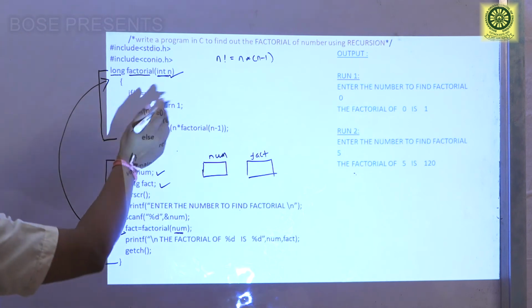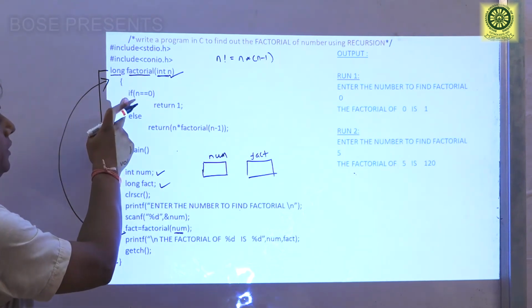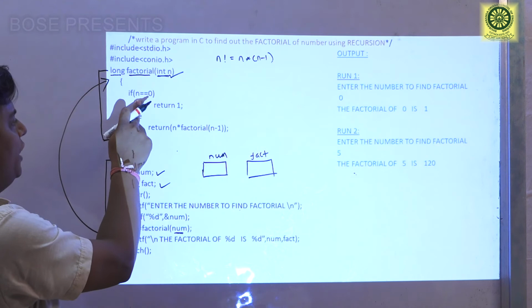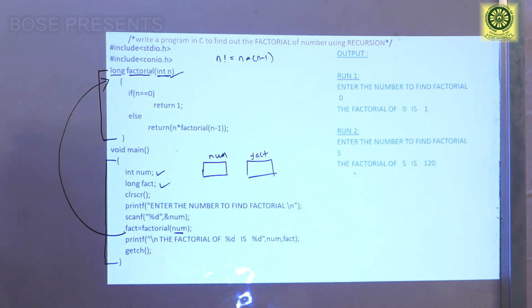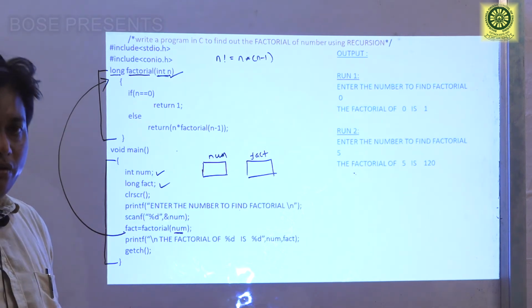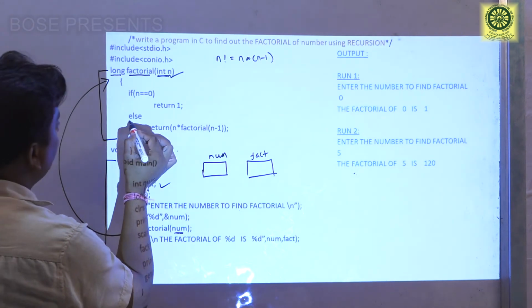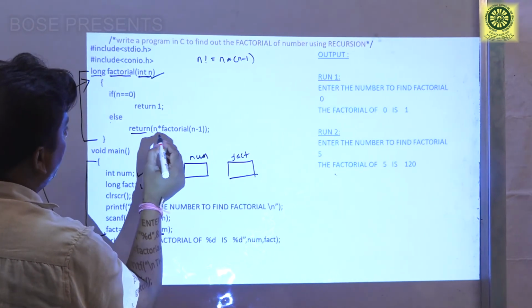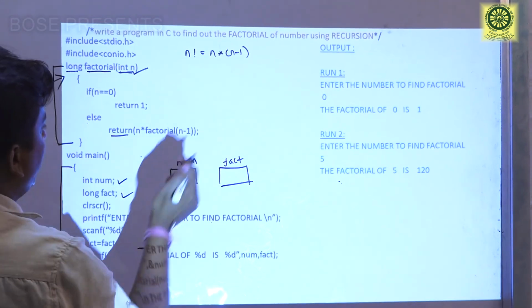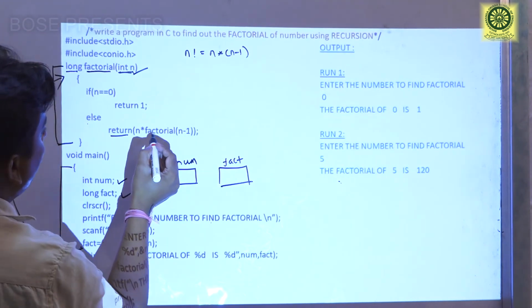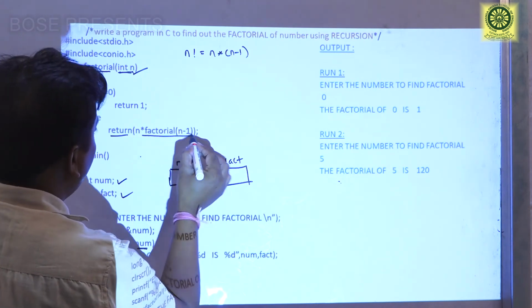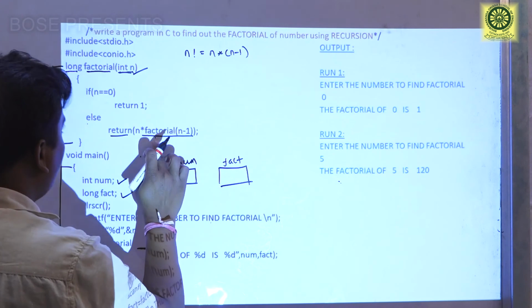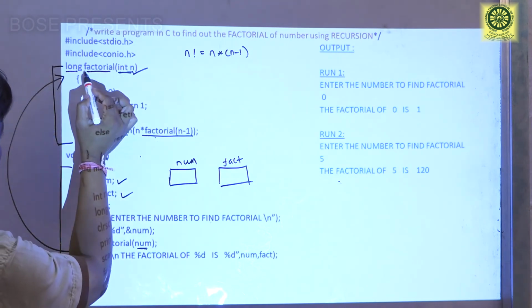Here I have written the code that if the value of n equals 0, return 1, as the factorial of 0 is 1. If the value is non-zero, then it will return, as we know, n into n minus 1. That means n into factorial of n minus 1. Here this is a function which calls itself.